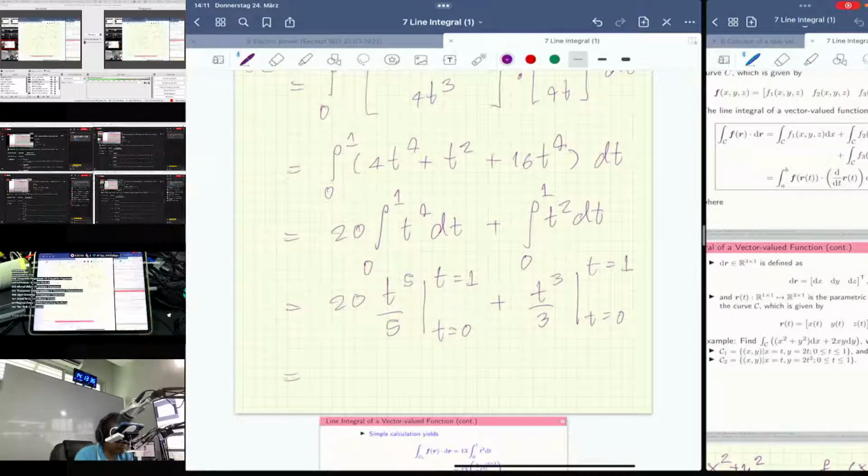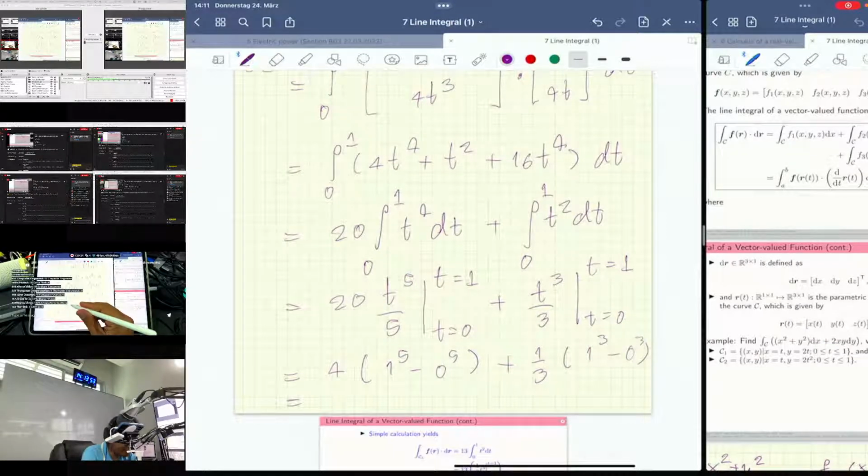You're gonna have here 4 times 1 with the power of 5 minus 0 with the power of 5, plus 1 by 3 of 1 with the power of 3 minus 0 with the power of 3. You would get 4 plus 1 by 3, and that's 13 by 3.